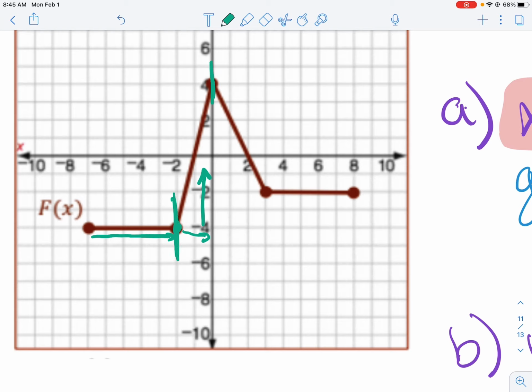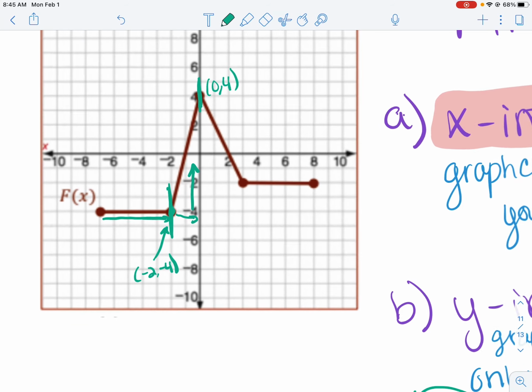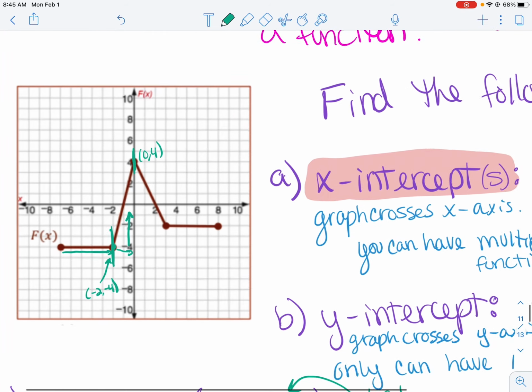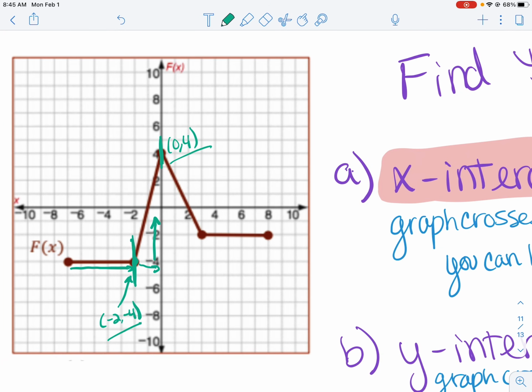So from -2, -4 to 0, 4, our graph is increasing. So I want to write that interval down. So from -2, -4 to 0, 4, our graph increases, all right, from here to here. And then right after we get to 0, 4, as the x values keep getting bigger, now that graph is going down, right? So this portion is decreasing.